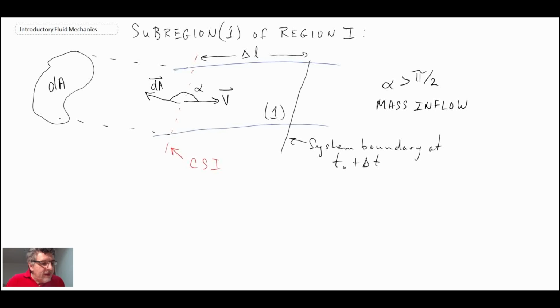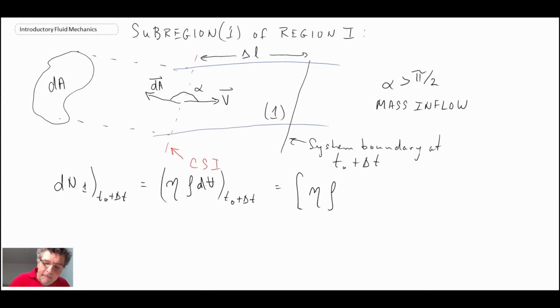Okay, so what we need to do is follow the steps as we did for subregion 3, come up with a differential element. So eta, rho, our intensive property, density, but the volume is going to be the volume of this little element or differential element that we have here. So we'll just follow like we did before.